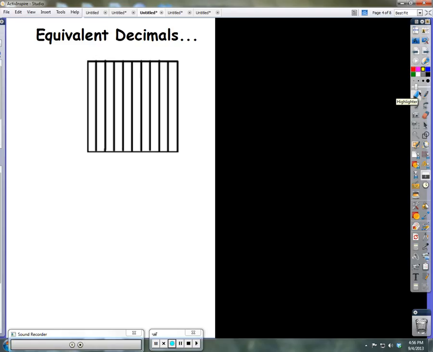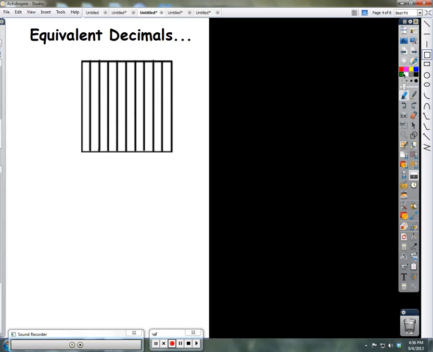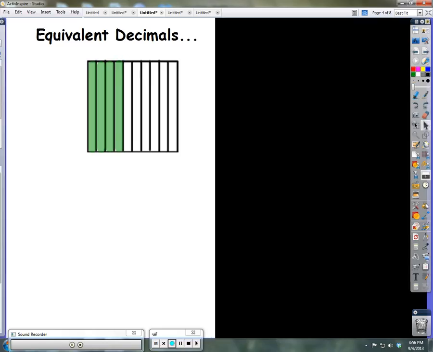I have a square up on the board that is divided into 10 equal parts. I'm going to shade in a certain fractional part of the square. So here's 1/10, 2/10, 3/10, 4/10 of the square is now shaded in. As a fraction, of course, that is 4/10.